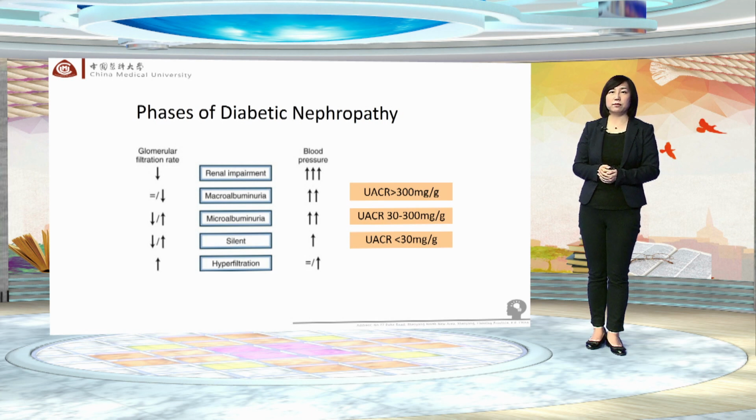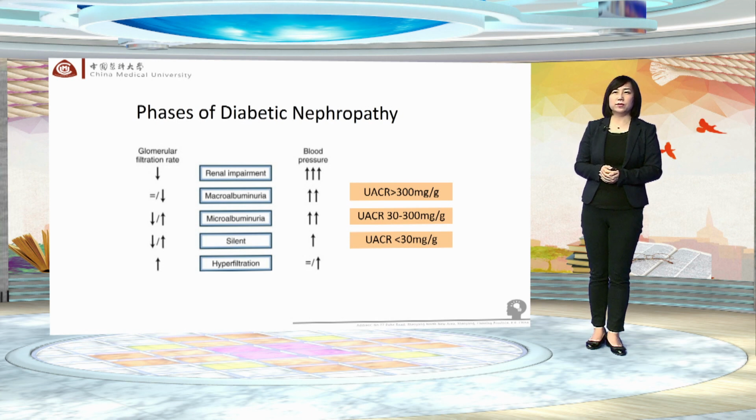CKD typically develops after diabetes duration of 10 years in type 1 diabetes, but may be present at diagnosis of type 2. CKD can progress to end-stage renal disease and is the leading cause of ESRD in China. In addition, among people with type 1 or type 2, the presence of CKD markedly increases CV risk and health care costs.